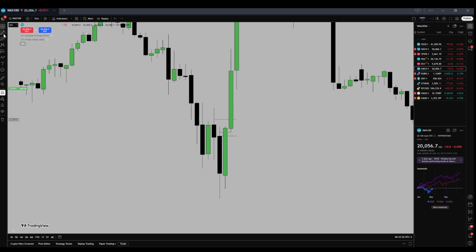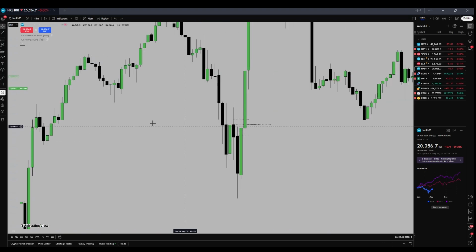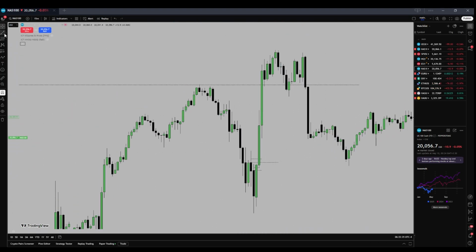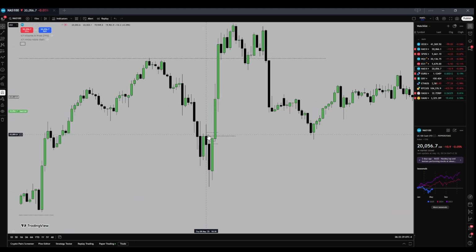On the 15 minutes, it could be here. So it all depends on the time frame you trade. Because every time frame is different. If you're a 1 minute scalper or a 5 minute trader, it's different for you.